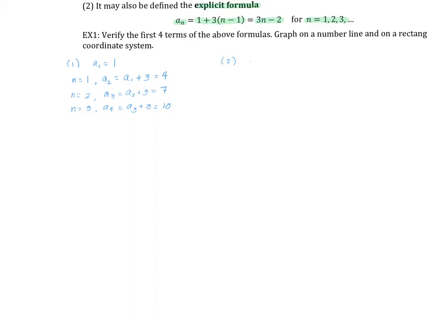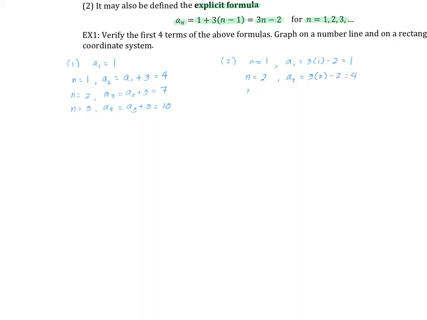So when n is equal to 1, I'm at a sub 1, which is supposed to be 3 times 1 minus 2. And that's equal to 1. So when n is equal to 2, the index n is equal to 2, I'm at a sub 2, which is 3 times 2, minus 2, and that's 4.